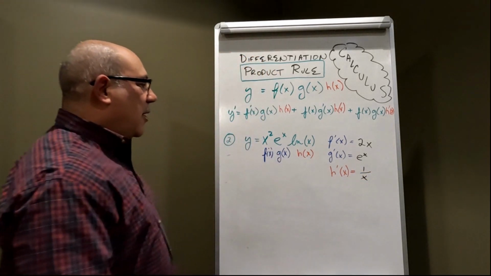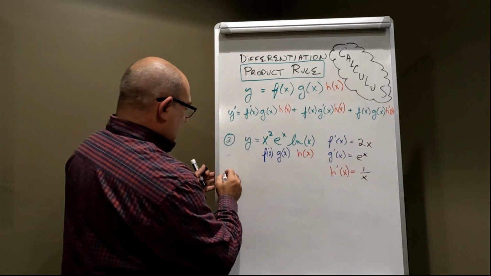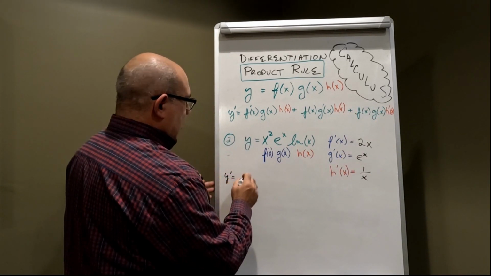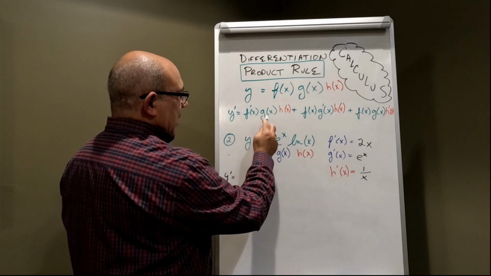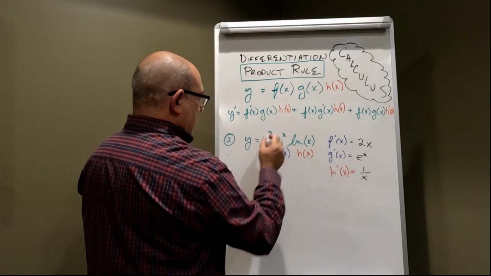Okay, so now we have all the pieces to fill this in. So we get y prime is going to equal f prime of x, g of x, h of x. So that's 2x, e to the x, ln x.